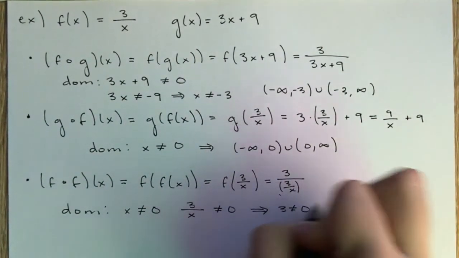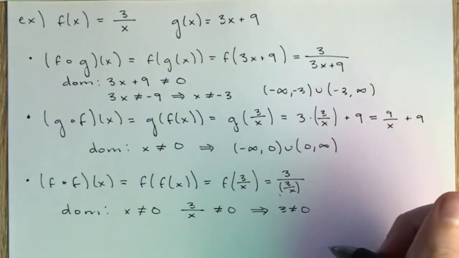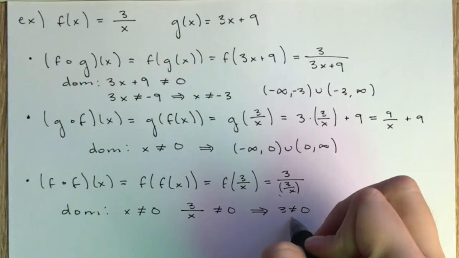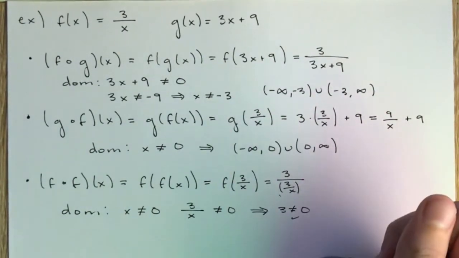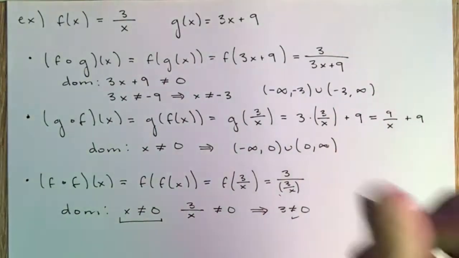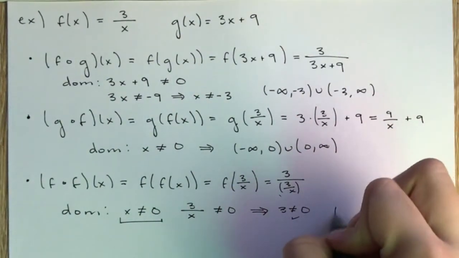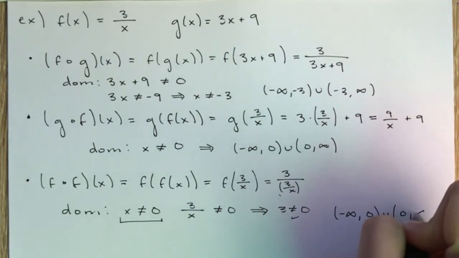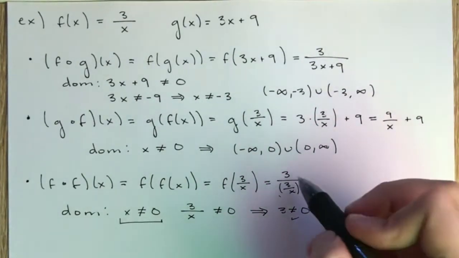Well, that's true, right? That doesn't tell us anything special. So that's all good. We don't have to do anything different. We do need to still make sure that x is not 0. So our domain is negative infinity to 0 and 0 to infinity.